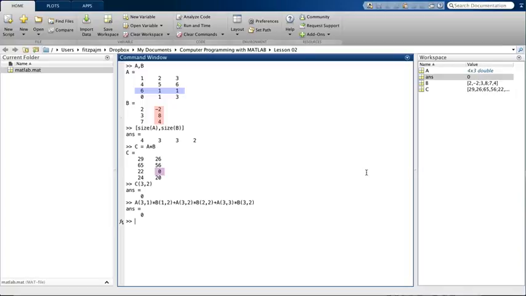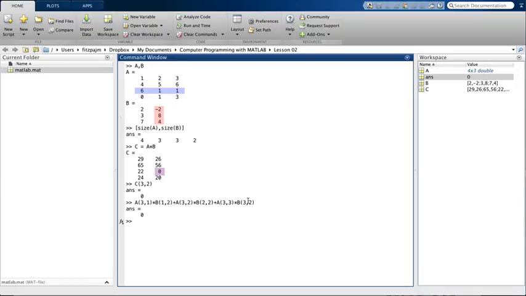Now let's look at that expression. Note that the row index stays the same for A, so 3, 3, 3. And the column index stays the same for B, so it's 2, 2, and 2.